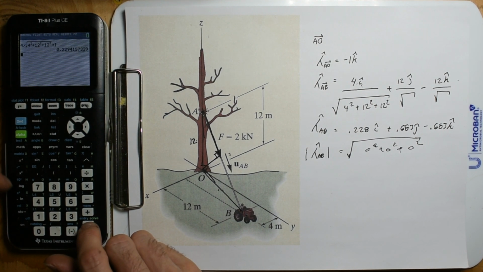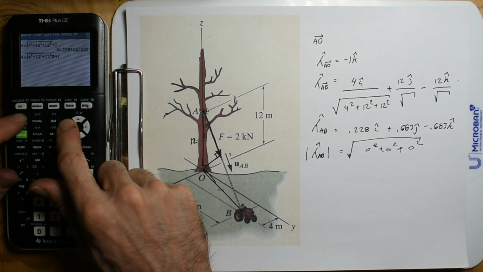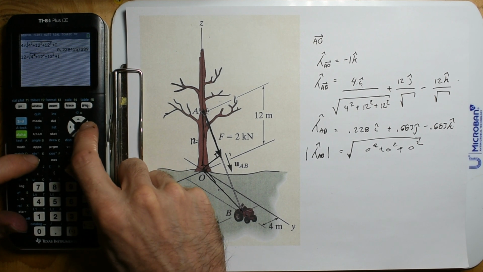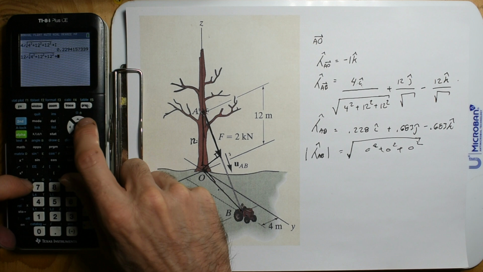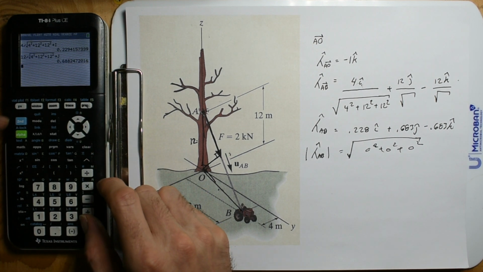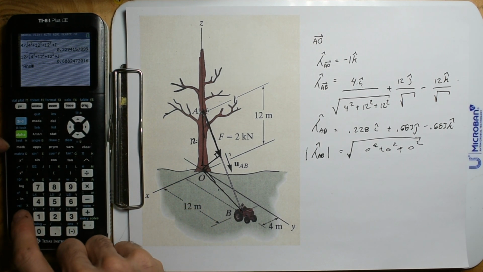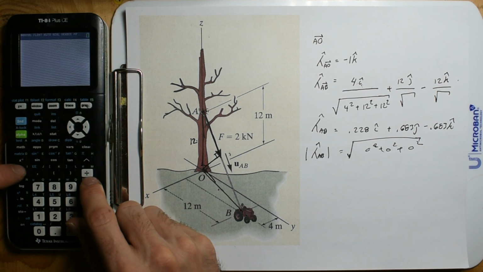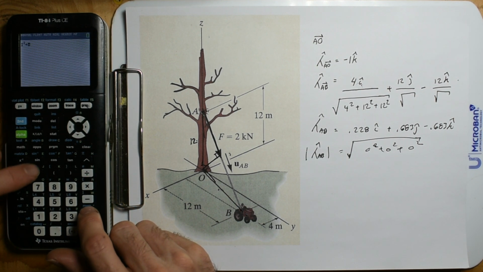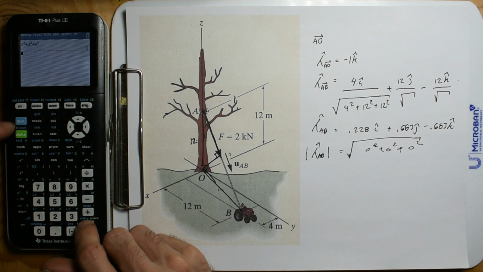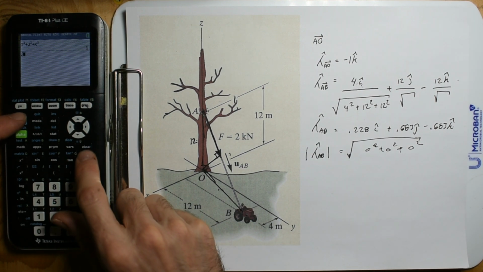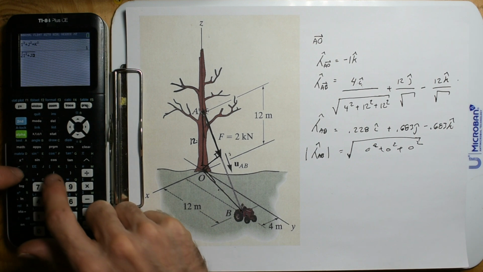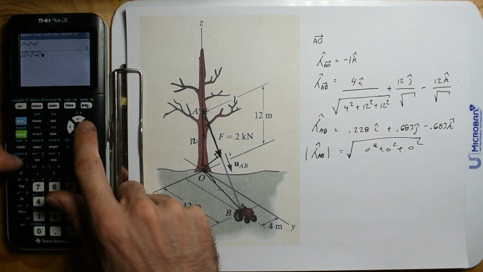That's alpha I, and then we're going to do 12 and store that as alpha j. Then we're going to do the negative of that stored as alpha k. So alpha I squared plus alpha j squared plus alpha k squared, and then the square root of that.